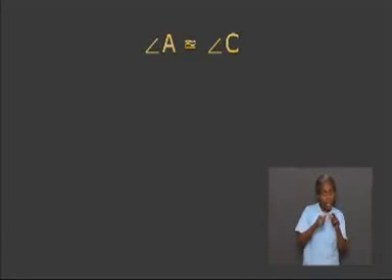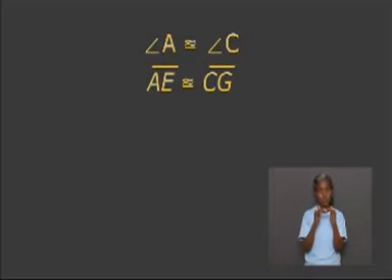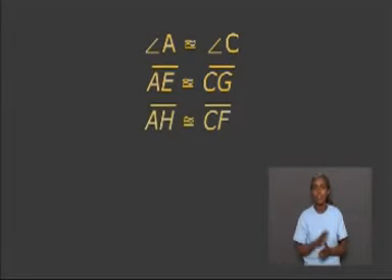Angle A is congruent to angle C. Line segment AE is congruent to line segment CG, and line segment AH must be congruent to line segment CF.